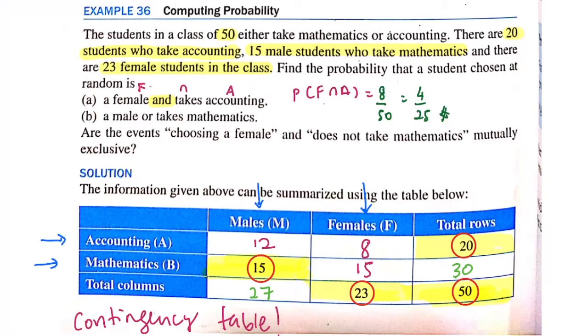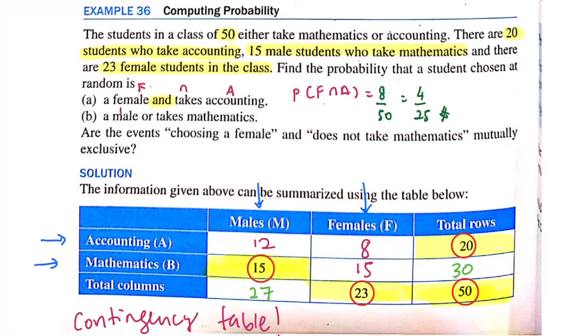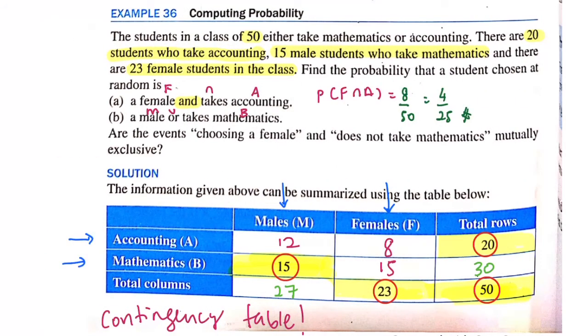Let's look at the second question. The second question asks us for the probability of a male or takes mathematics. Let's see, probability of male is using M. Or is using union, and takes maths is using the B symbol. So let me write here.